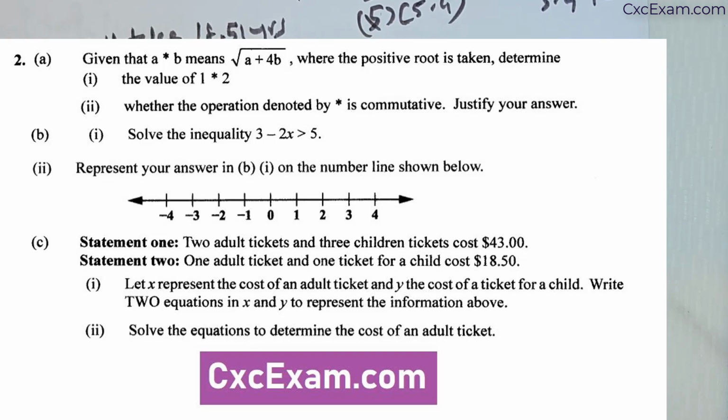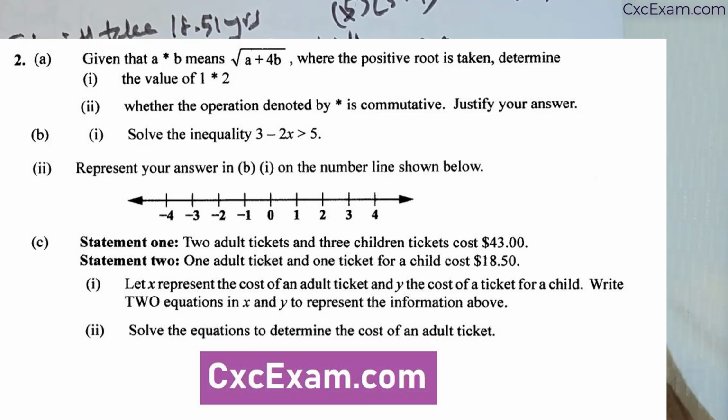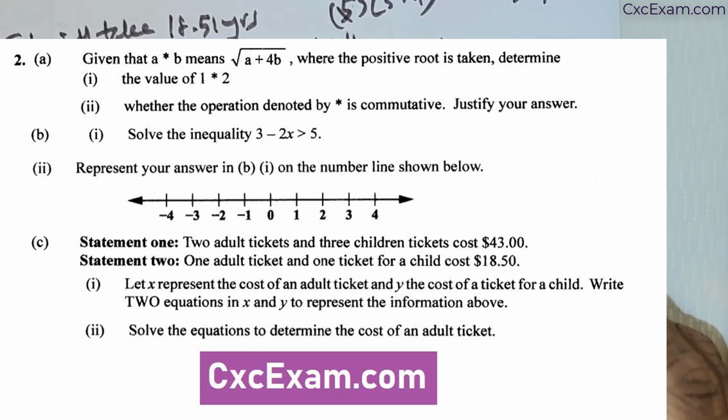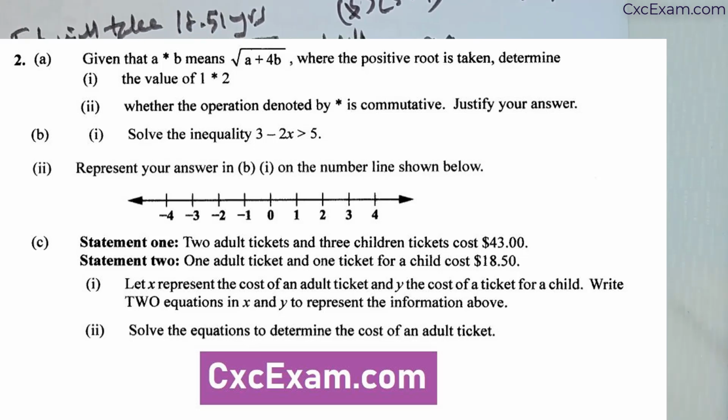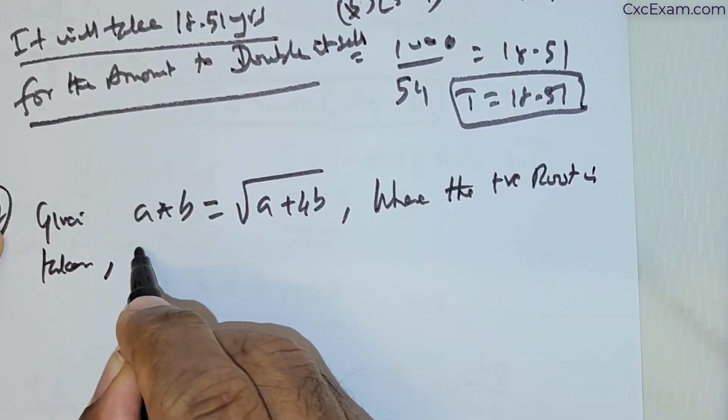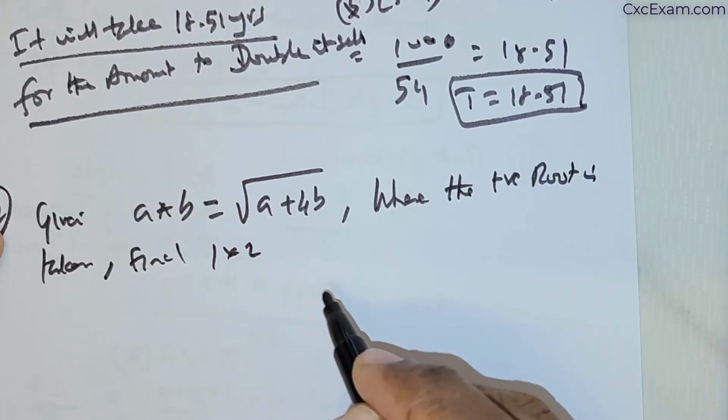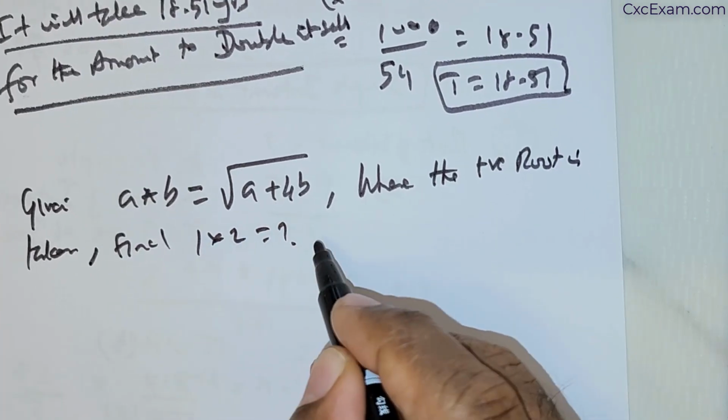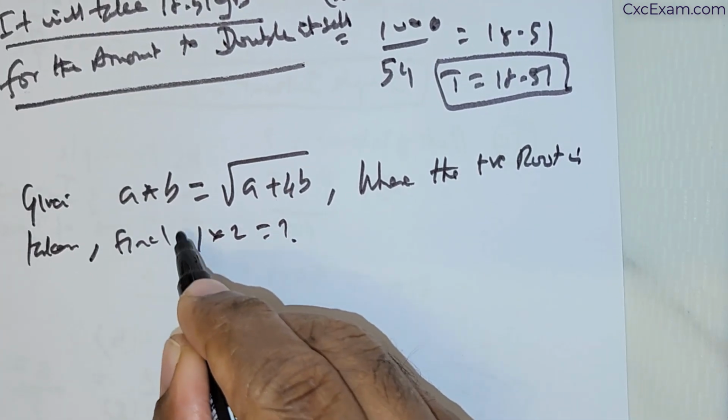Question number 2. We are given that a star b is the root of a positive 4 times b, where the positive root is taken. We are asked to find the value of 1 star 2. That is the first part of the question.